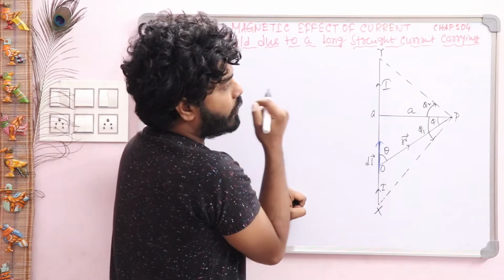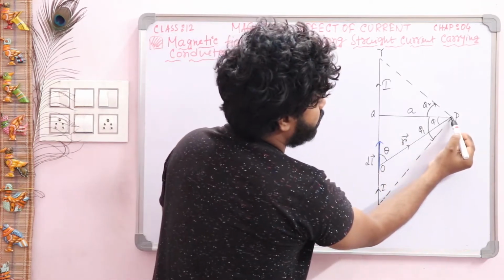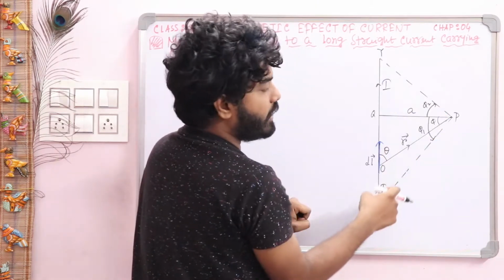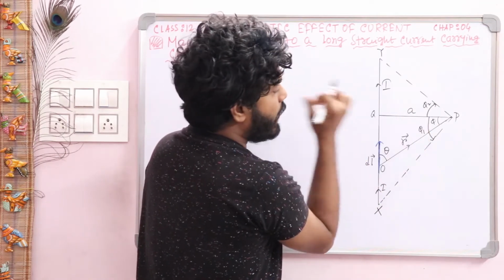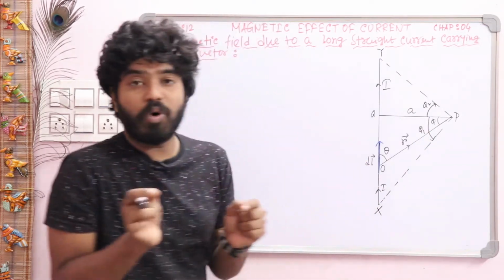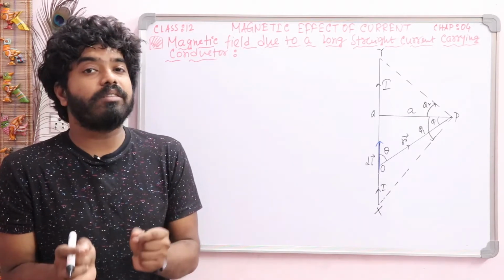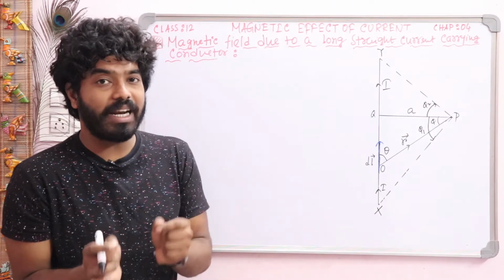Now for doing that, at first you have to draw this one, P to Q. The perpendicular distance between this conductor and the point is named A. And you have to consider a small current element. We said that the Biot-Savart law gives the expression of magnetic field due to a current element.